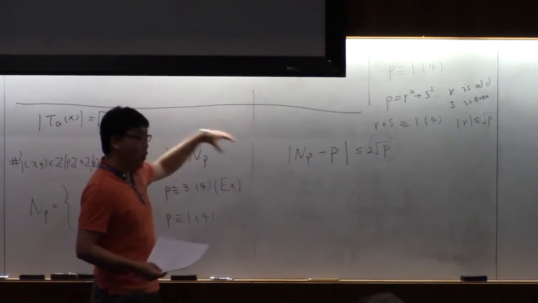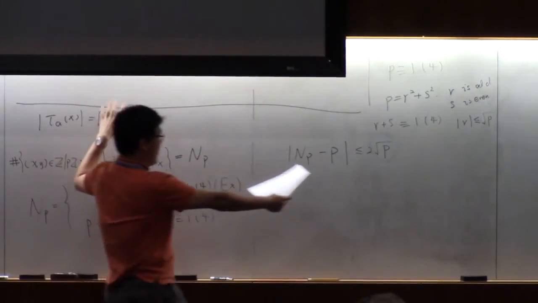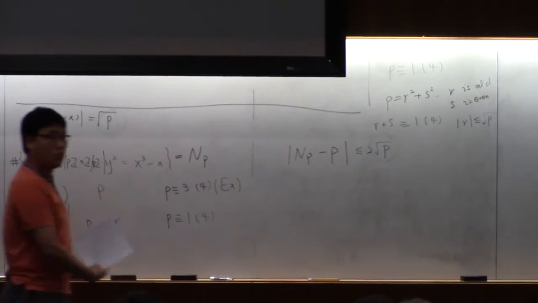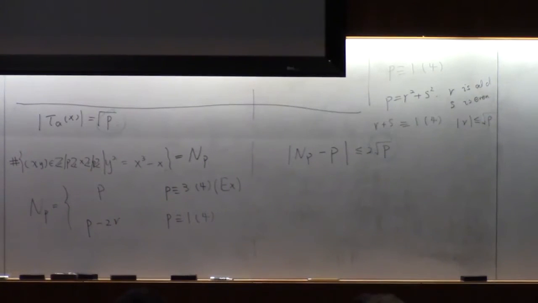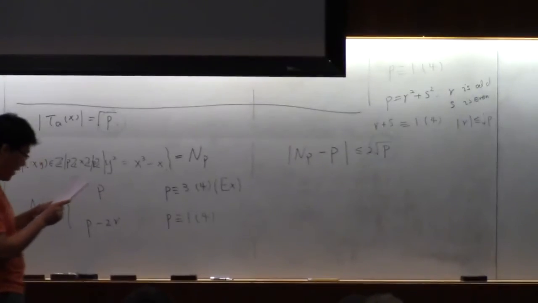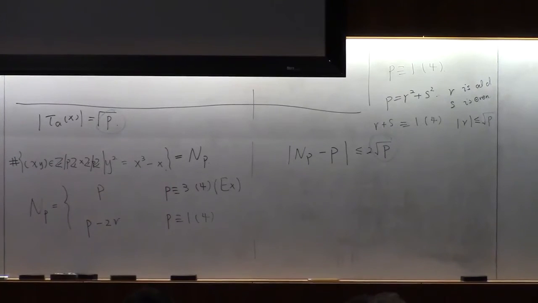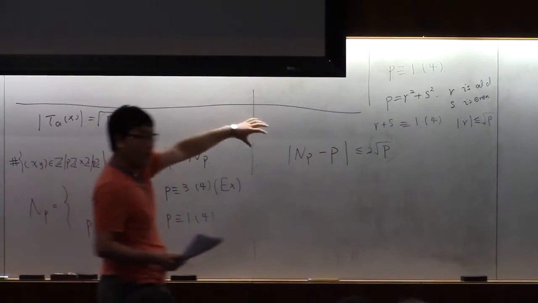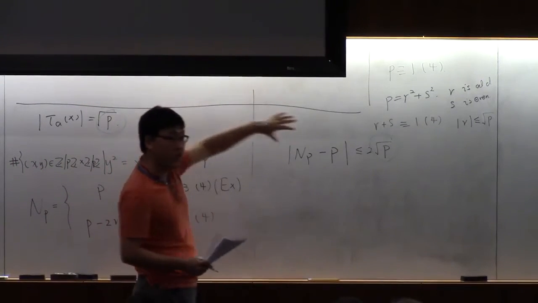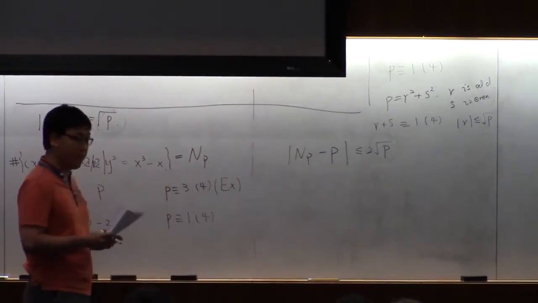Then is it just a coincidence that we have square root p in both of these two settings, or is there a relation between them? In the following, I try to explain by an example that actually there is a deep relation between these two facts.